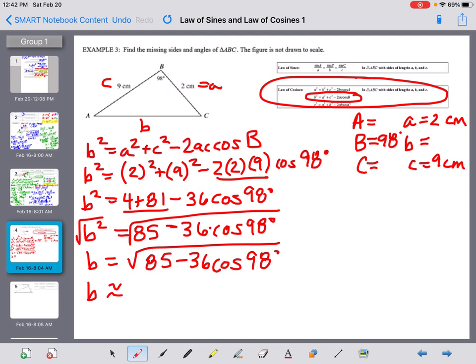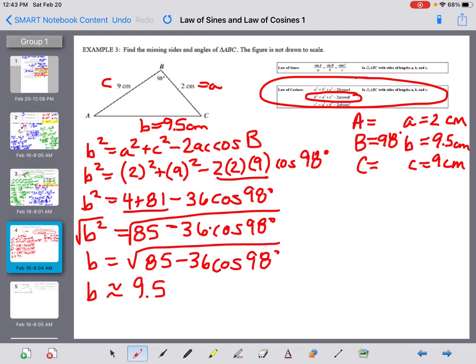Make sure you're in degree mode. And I get a B of about 9.5. So B over here is about 9.5 centimeters. That's my law of cosines when I'm missing a side. That's an example of it.